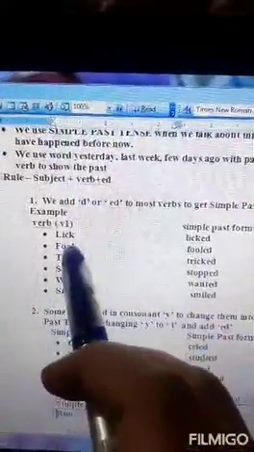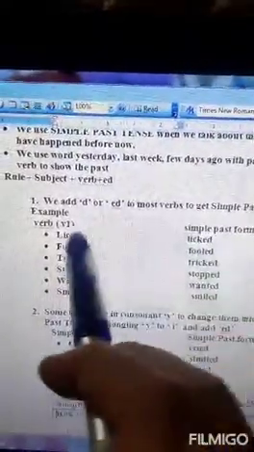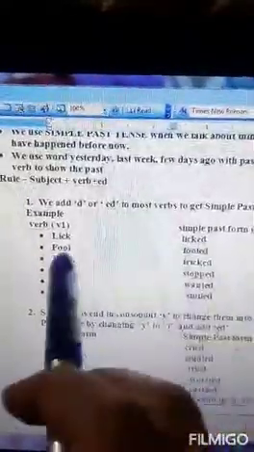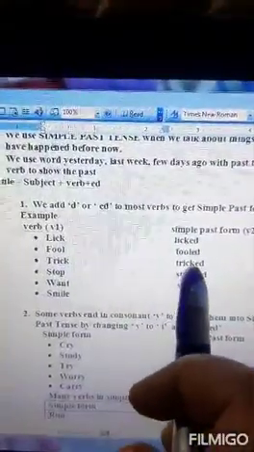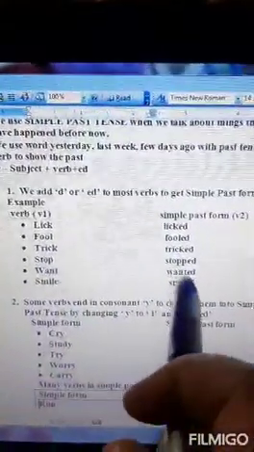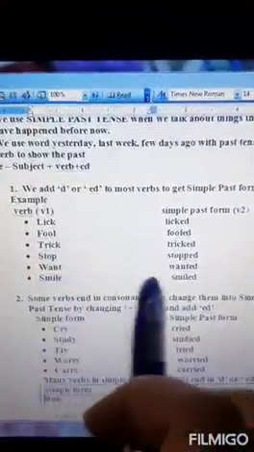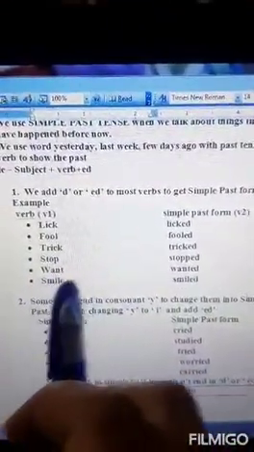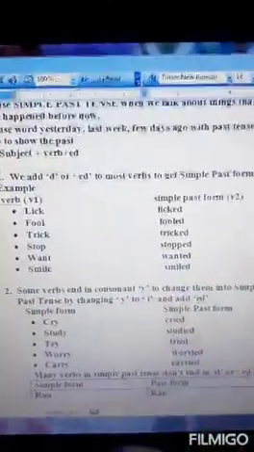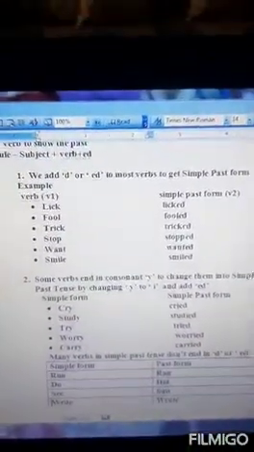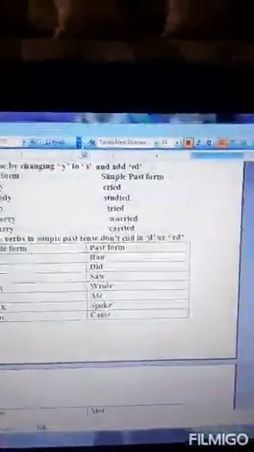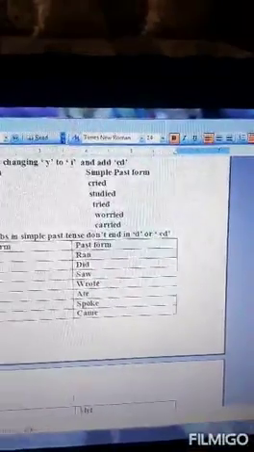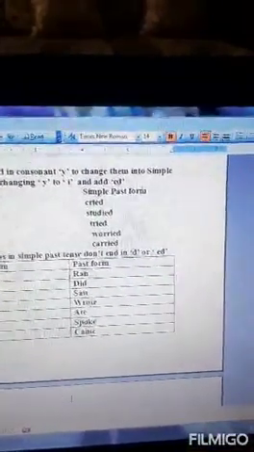Lick, by adding ed we will change it into the past form. Fool, fooled. Trick, tricked. Stop, stopped. Want, wanted. Smile, smiled. Fine. So all verbs we can't make like this. Many verbs we can change only with some rules.